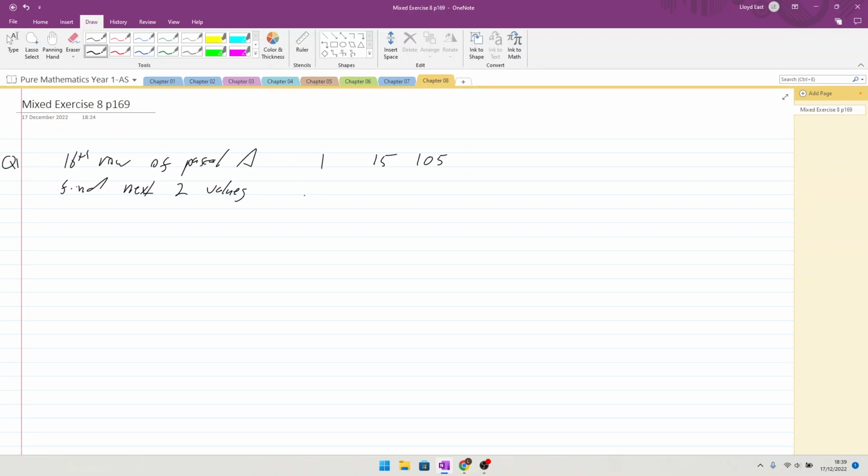So we can make Pascal's triangle using the nCr button on the calculator, and so we would do 15C0 for that one, and 15C1 for this one, and 15C2 for this one, and then we would need to do 15C3 and 15C4.